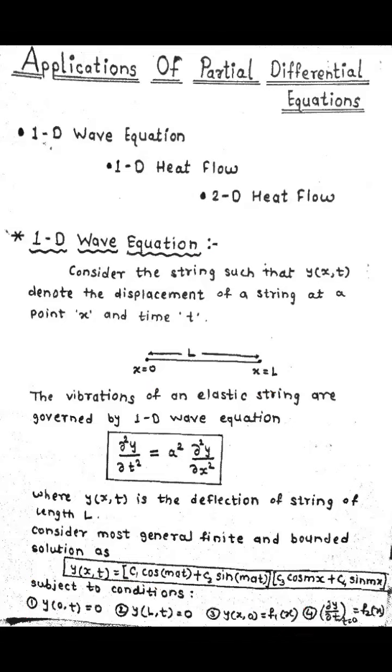And the fourth condition is for ∂y/∂t at t equal to 0, which is f2(x). So ∂y/∂t shows the velocity at t equal to 0, and it is a provided function, so it is denoted by f2(x). Both of the last conditions are at t equal to 0, so these are called initial conditions.